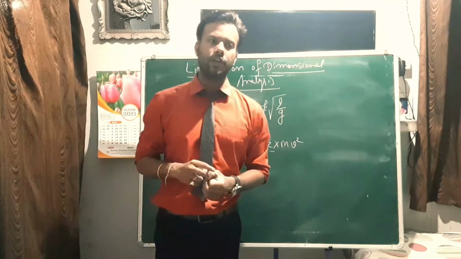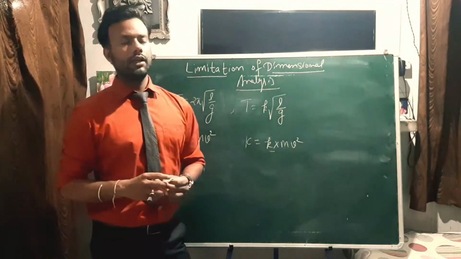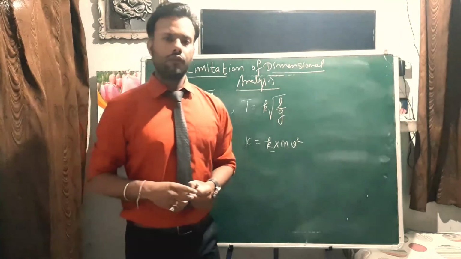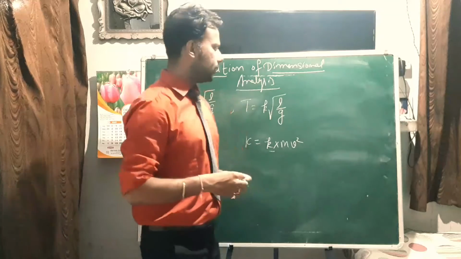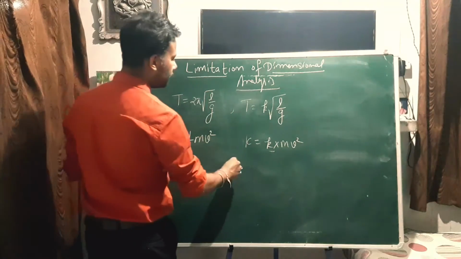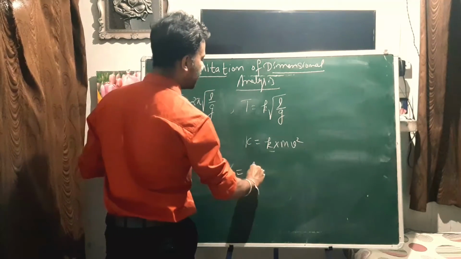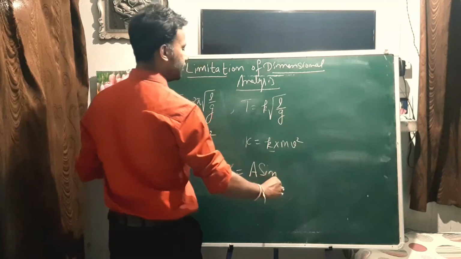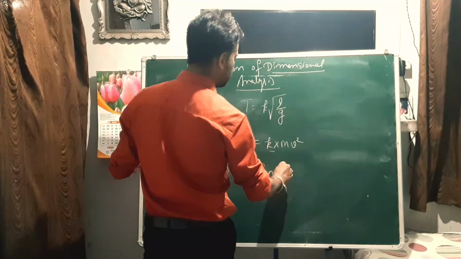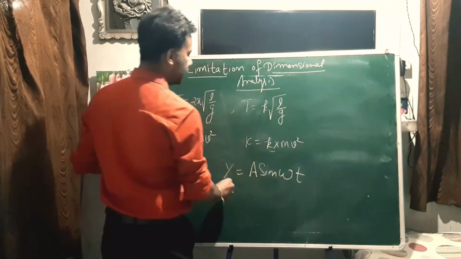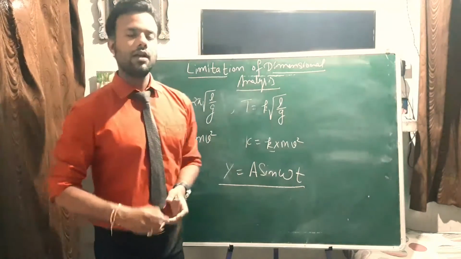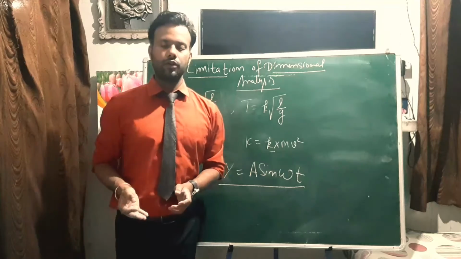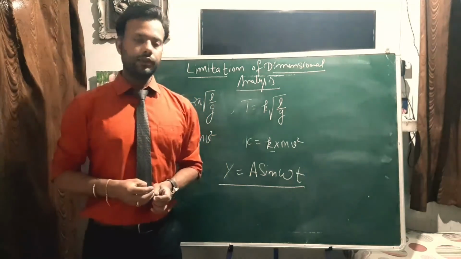This is one limitation. Second, if any formula involves a trigonometrical function, right? For example, y equals a sine omega t. This is the formula for the displacement of a particle performing simple harmonic motion, right? You will study it later in class 11th.